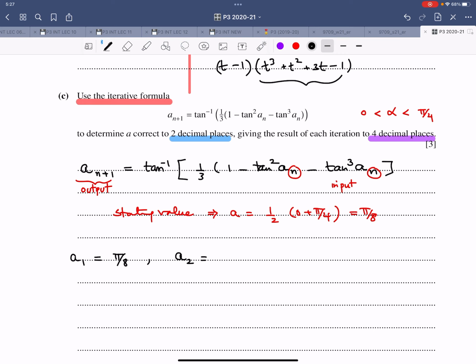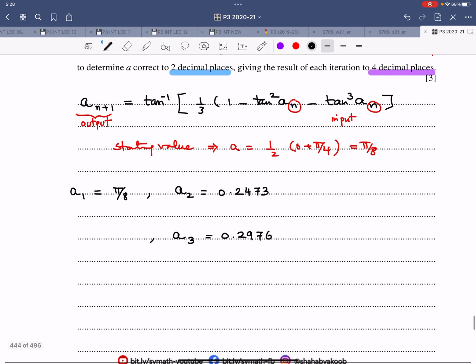The first value is 0.2473. Based upon this, the next value comes out to be 0.2976. The third value is coming out to be 0.2844. One more value, A5, it's coming out to be 0.2883.